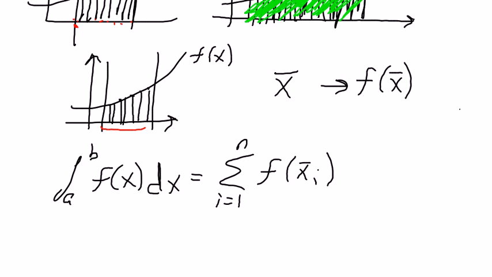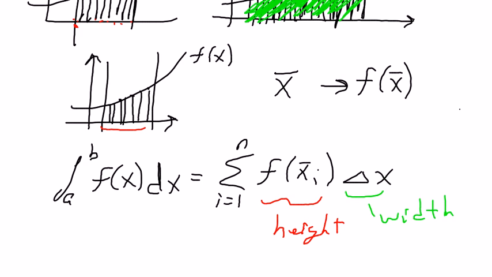That's the height, and that tells you how high it is. Then multiply it by your delta x, which is the width, same as before.